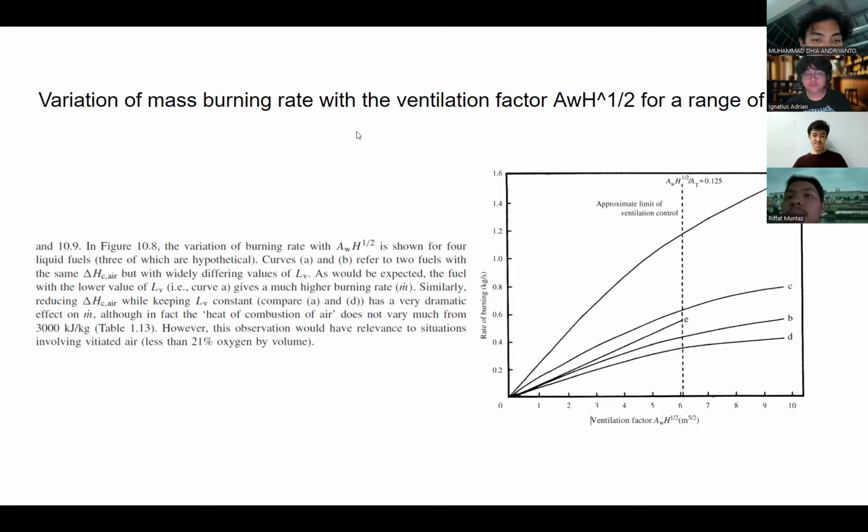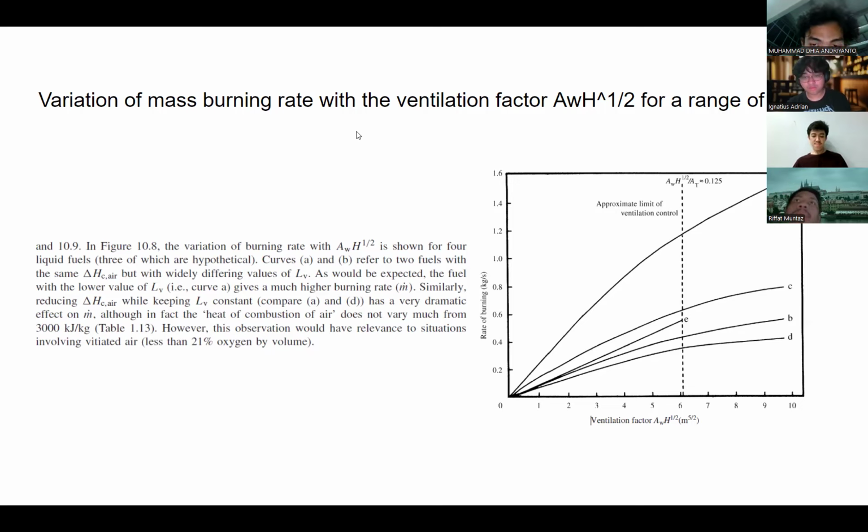As would be expected, the fuels with the lower value of LV give a much higher burning rate, m dot. Similarly, reducing the delta HC while keeping LV constant, as you can see comparing A and B, has a very dramatic effect. As you can see, A is very high.